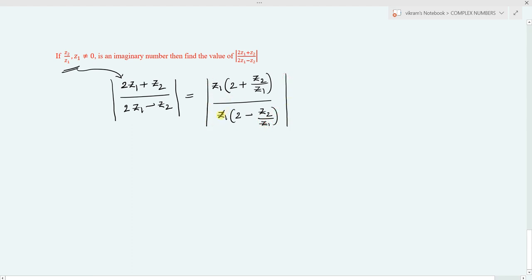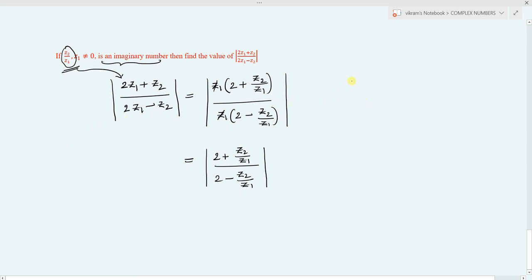So z1 and z1 will cancel out. We can write it as 2 plus z2 by z1 by 2 minus z2 by z1. But the condition he has given is that z2 by z1 is an imaginary number.